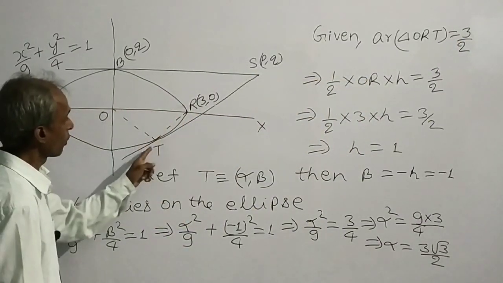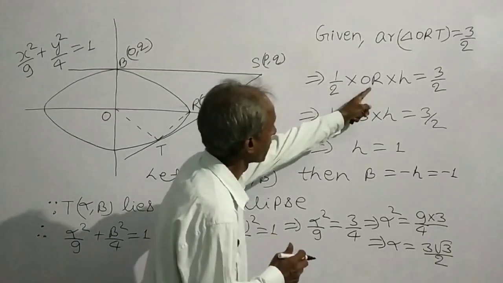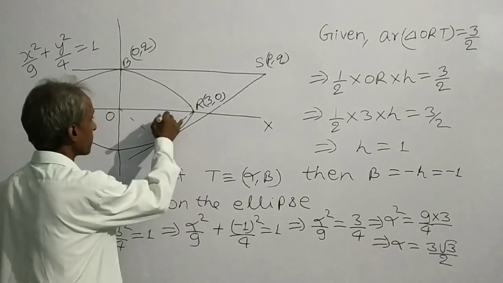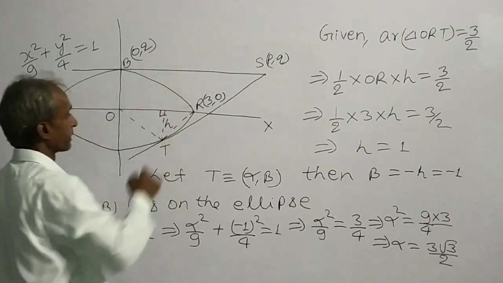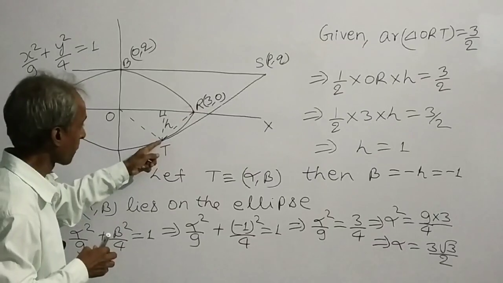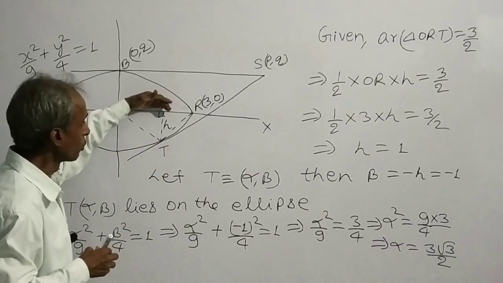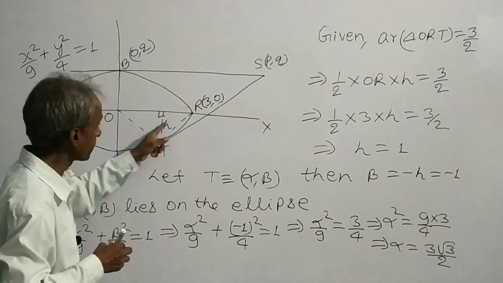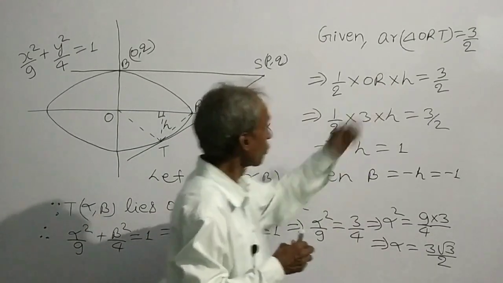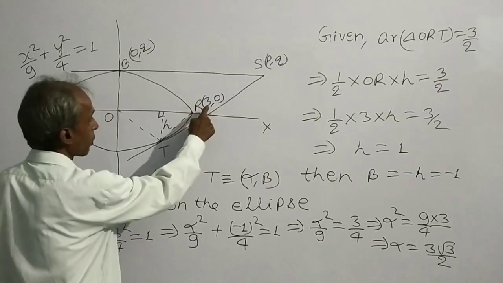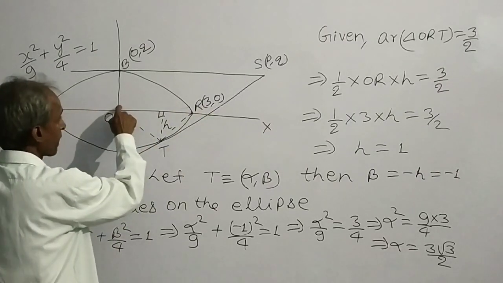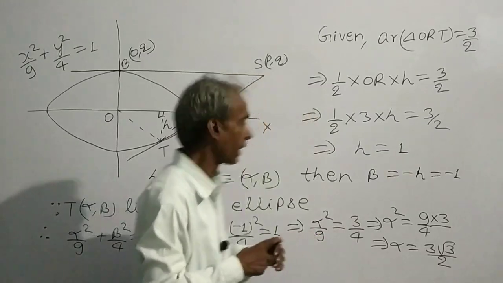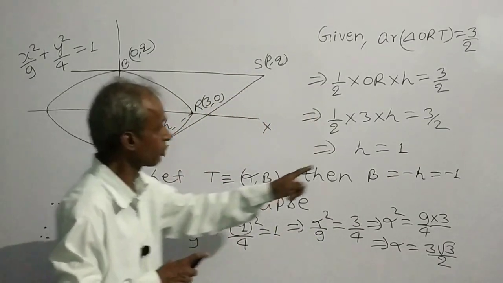But area of triangle ORT will be equal to 1 by 2 times base OR times this height H. Suppose when we draw perpendicular from this point T to x-axis, then this height obtained is H. But OR, since x coordinate of this point is 3, therefore OR will be equal to 3. Therefore H is equal to 1.